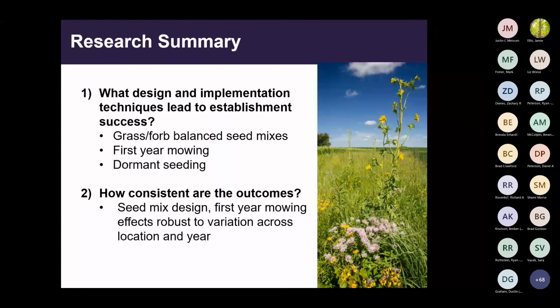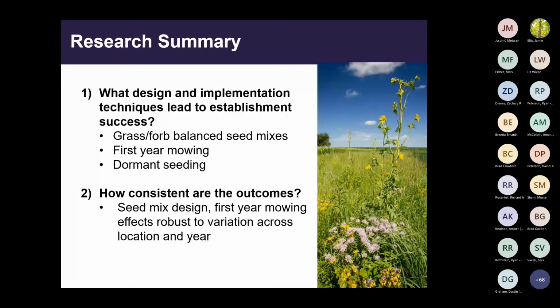Okay, so let's summarize here what we've learned so far. In order to maximize establishment success, we found that one, designing seed mixes with a balanced amount of grasses and forbs produces most of the benefits of a grass or forb dominated seed mix. Two, that first year mowing accelerates the provision of nearly all ecosystem services that we looked at.